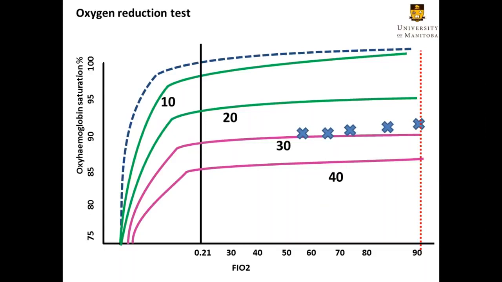There is no change. So pure right to left shunt is not really sensitive to oxygen, and saturation will be maintained in high 80s or low 90s, and giving more oxygen will not make any difference. That's a pure right to left shunt, which is at the extreme of VQ mismatch. So you have very wide change in inhaled oxygen, FiO2, but very small change in oxygen saturation.